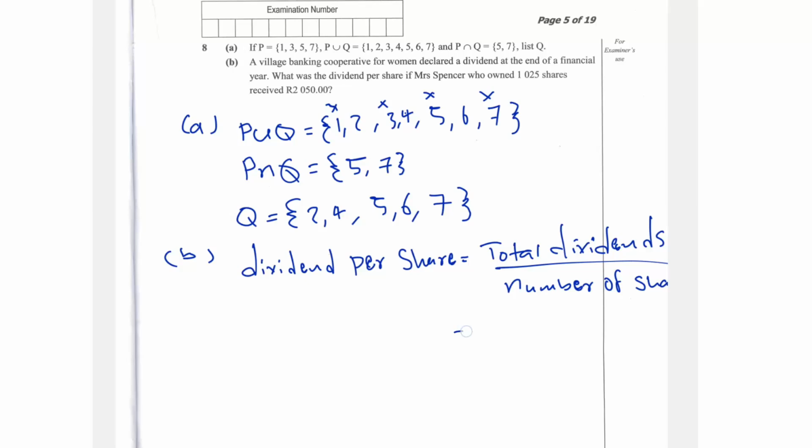The total dividend was 2,050, and we can divide this by 1,025.